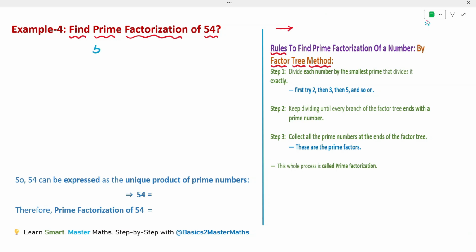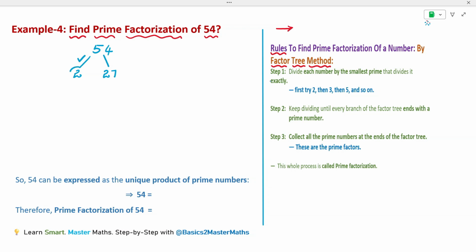Try dividing 54 by the smallest prime 2. Since 2 divides 54 exactly, we get 27.